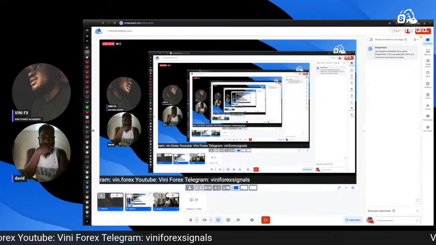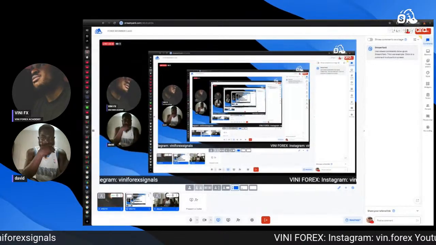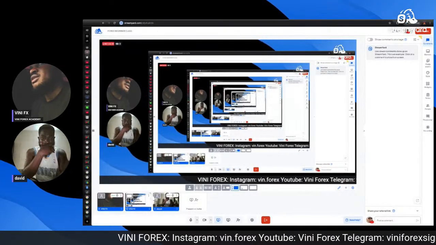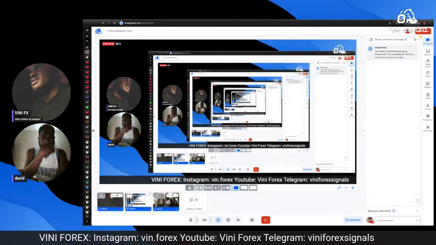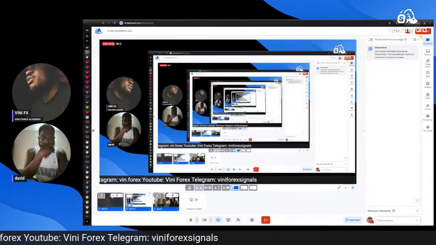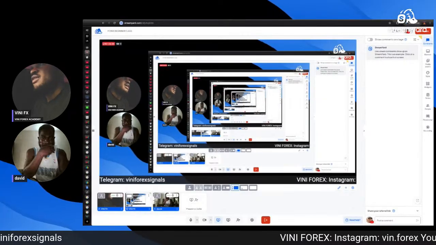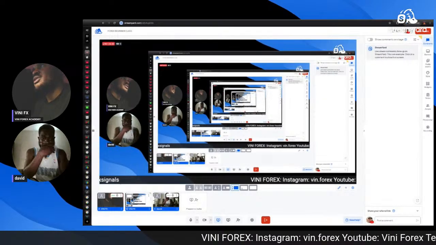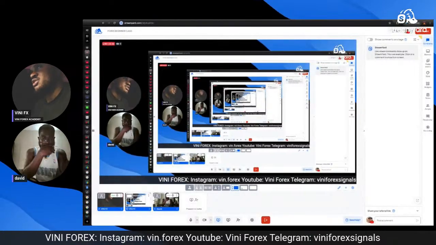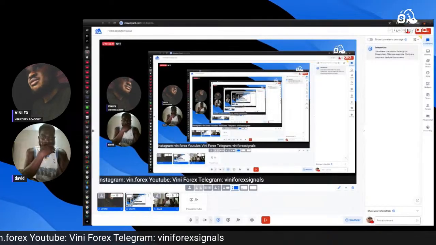I gave you a revision of uptrend and downtrend, ranging market, trend line, equal low and equal high, triple top and triple bottom, neckline, and head and shoulders. I think that is too much right now as a new beginner. We have to take them step by step, not at the same time.